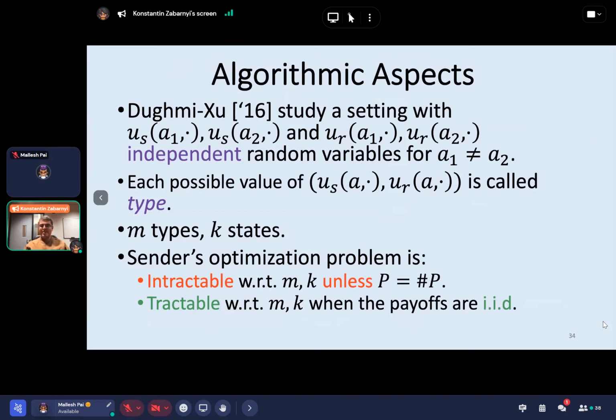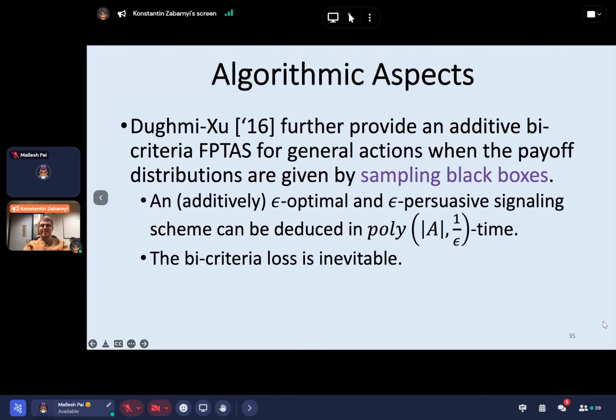And they studied the computational tractability of persuasion in terms of the number of states. And it turns out that in general, for independent payoffs, it's intractable, but when the payoffs are IID, it is tractable.